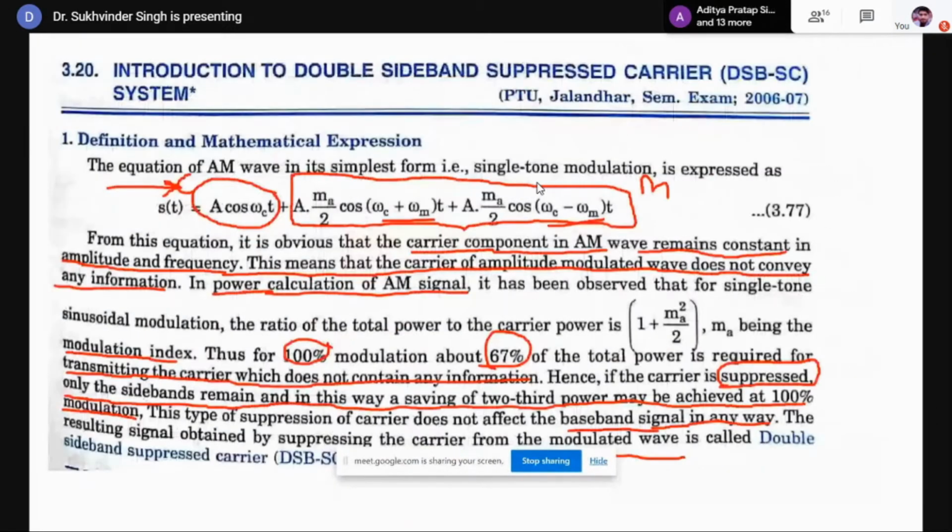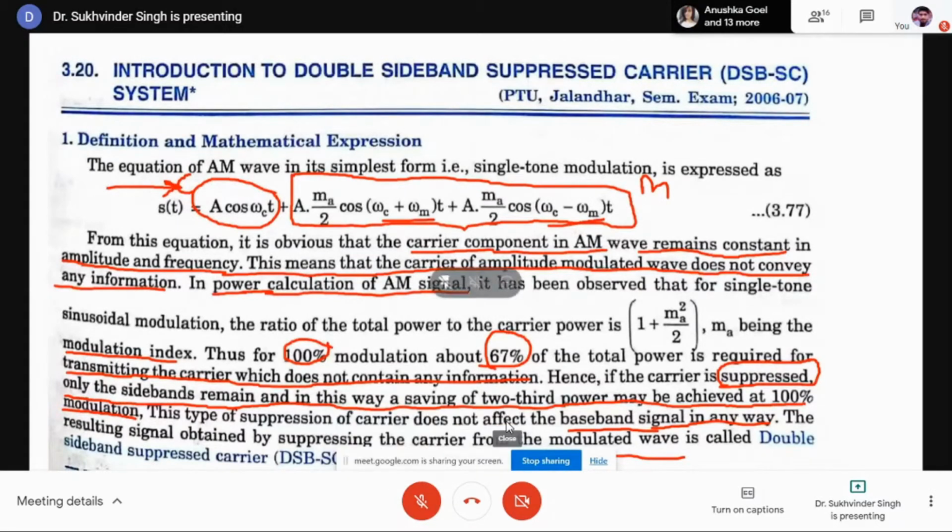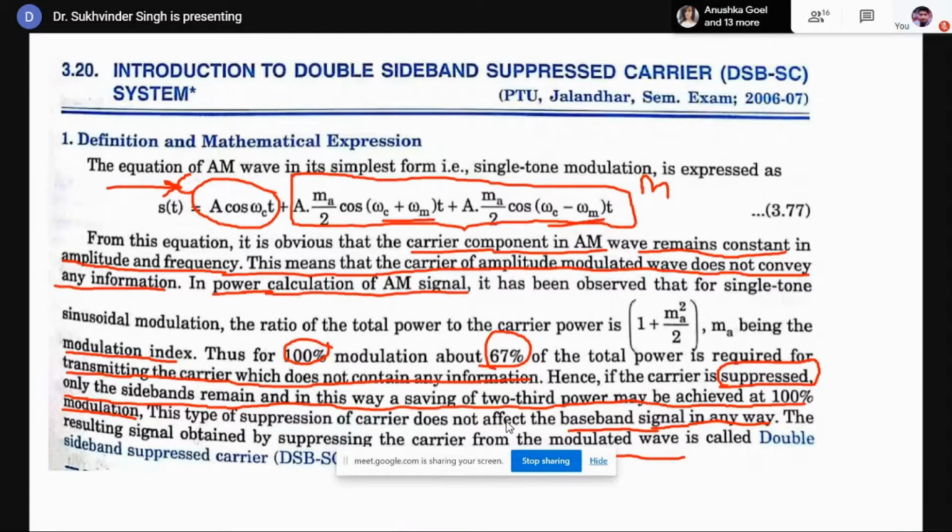So, in our previous lecture, we talked about double sideband suppressed carrier, and this method is better than the amplitude modulation method. The reason is that it saves 67% of the power by suppressing the carrier. We require carrier in amplitude modulation. It means a huge amount of power is lost in amplitude modulation.